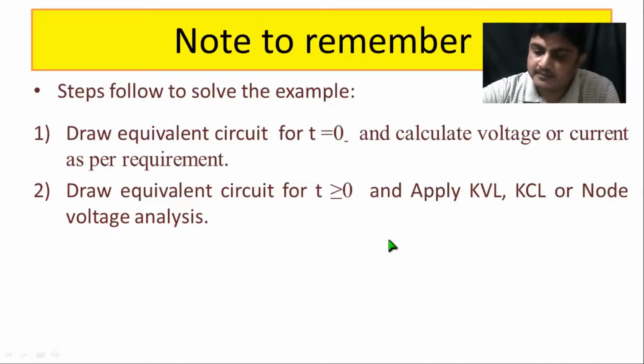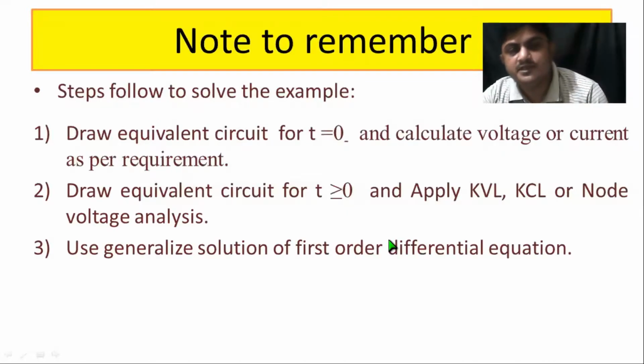Whenever we apply KVL, our equation will be in the form dx by dt plus px equal to q. It means that our equation is a first order differential equation. So we will directly utilize the generalized solution of the first order differential equation that we obtained in our previous class.